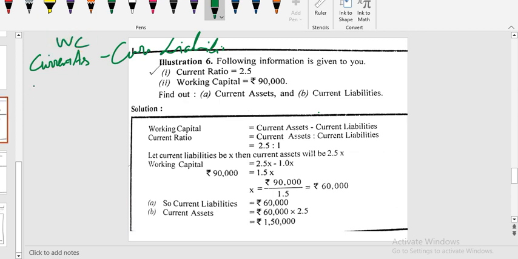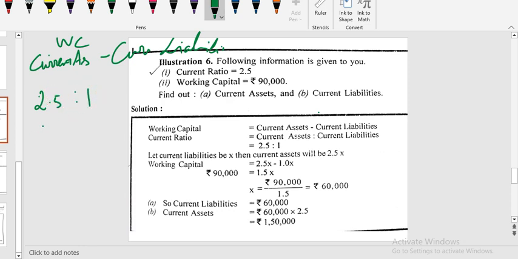And the current ratio is, as you know, current assets divided by current liabilities. They have given clearly that the current ratio is 2.5. So the current ratio is 2.5 is to 1.